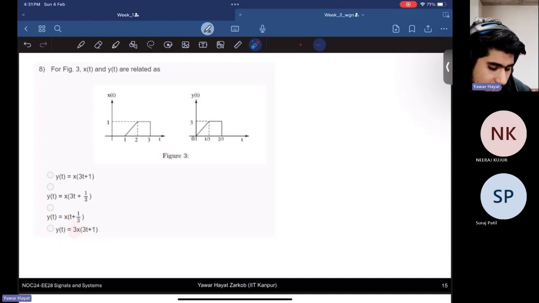3, everyone I hope can make sense of because this amplitude is scaled by 3. Okay, Suraj also agrees with you. And also this compression operation is there, right? The signal is in fact compressed by a factor of 3, right?